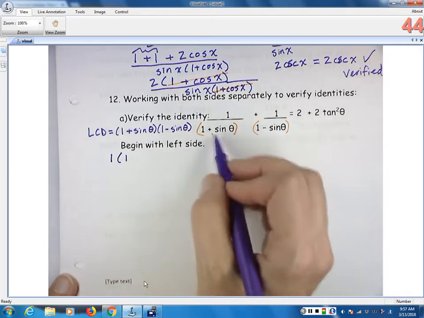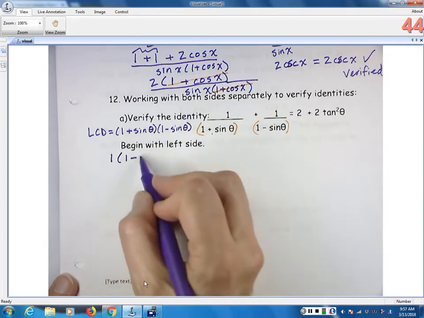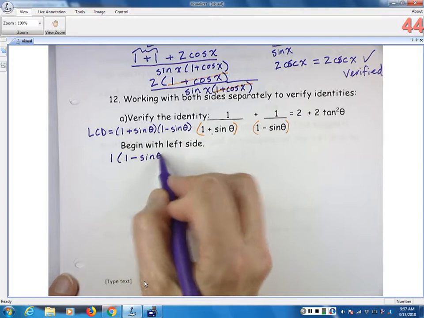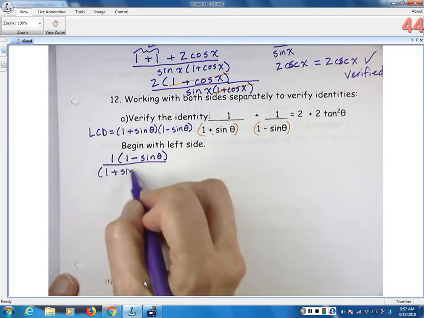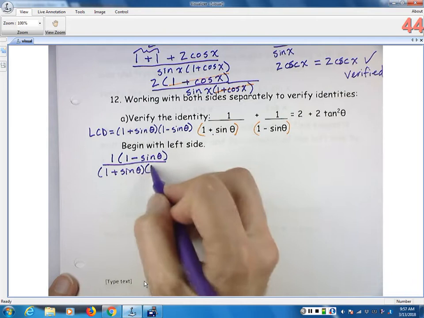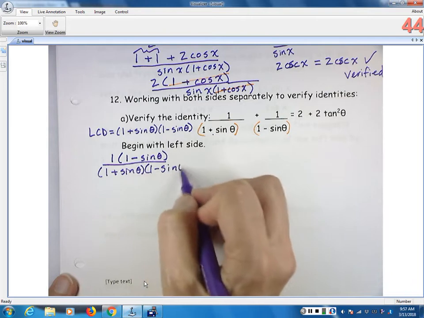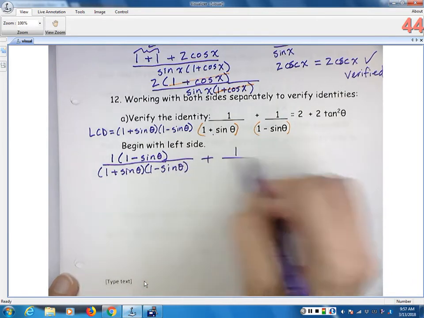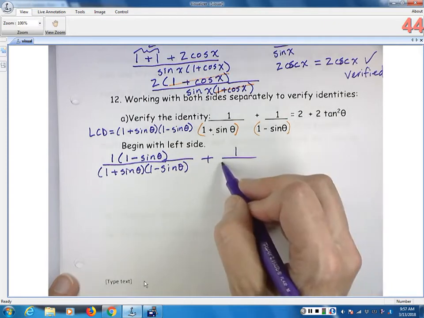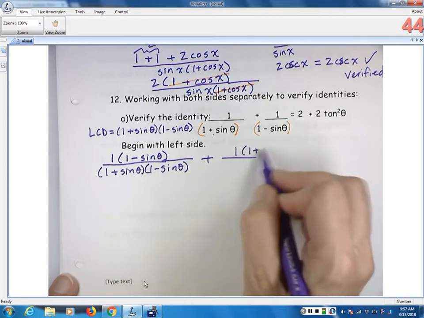So this one is missing the 1 minus, so we need to multiply by that. 1 plus sine, 1 minus sine theta. This fraction is missing the 1 plus, so we multiply by 1 plus sine theta.